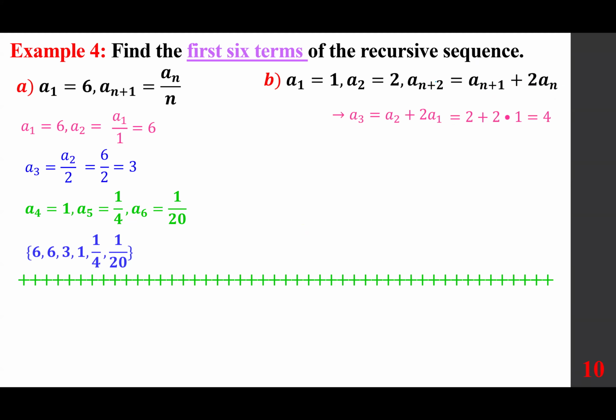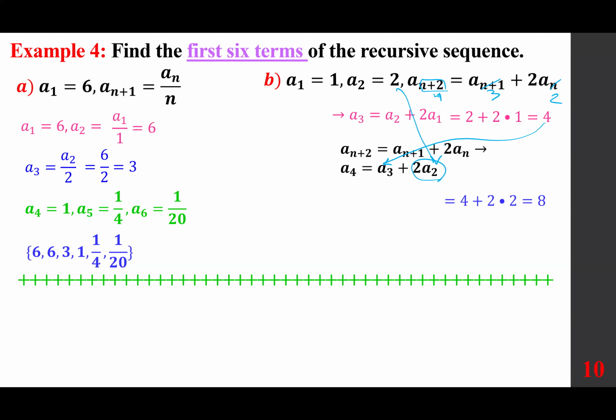Now, I have a sub 3, that means the next one, this must become 4. So go to the previous one, 3, go to the previous one, 2, and write down a sub 4 is a sub 3 plus 2 a sub 2. So here's the 4, 2 times a sub 2, 2 times 2, 4 and 4, they add up to 8.